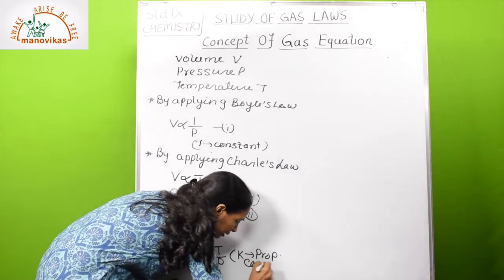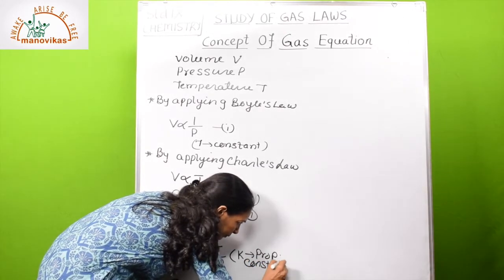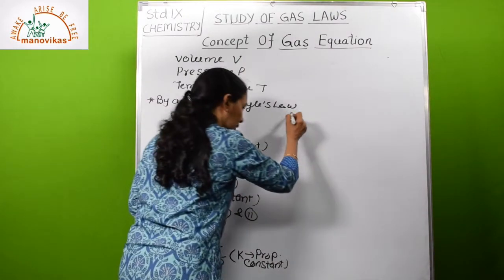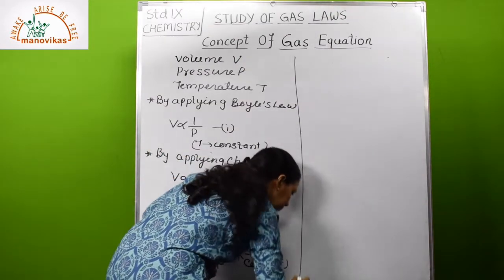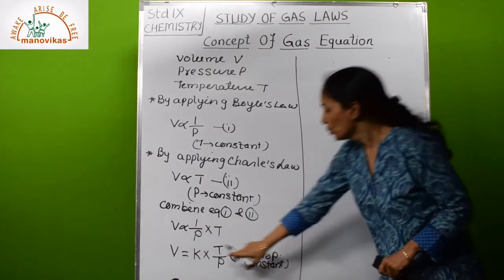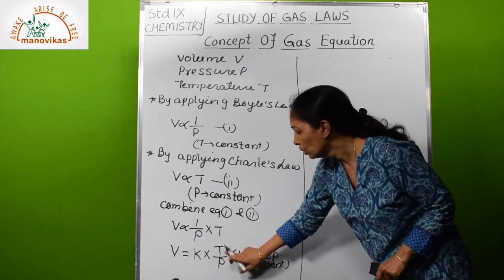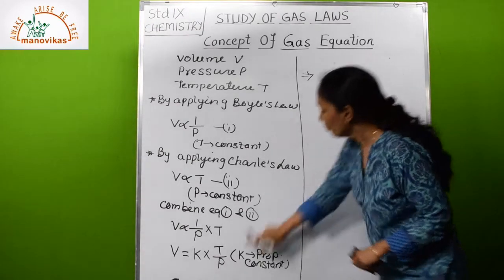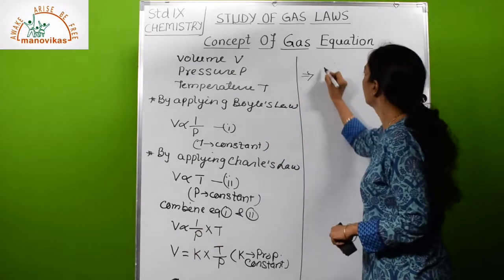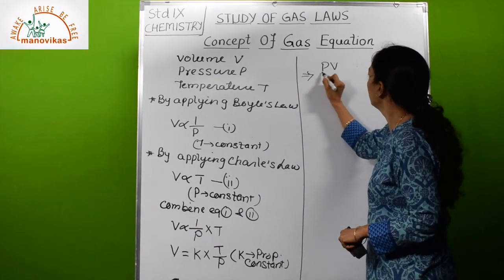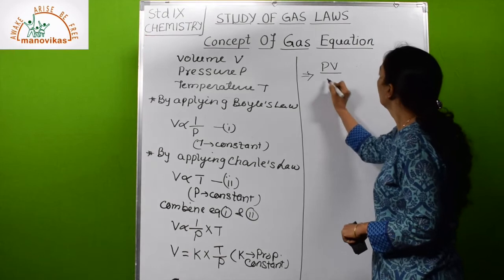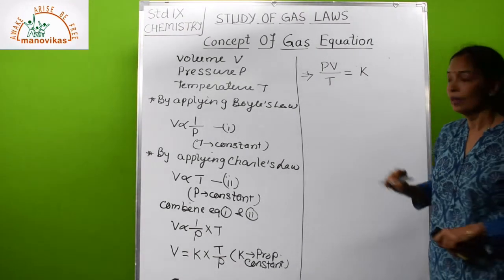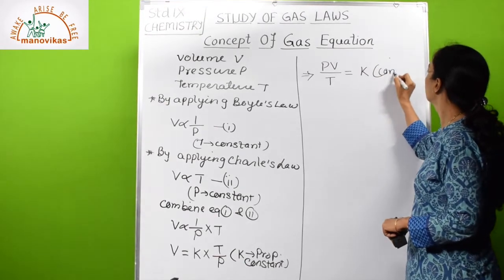So V is equal to K into T upon P, which can also be written as, if you take this P to this side, PV upon T is equal to K, where K is a constant.